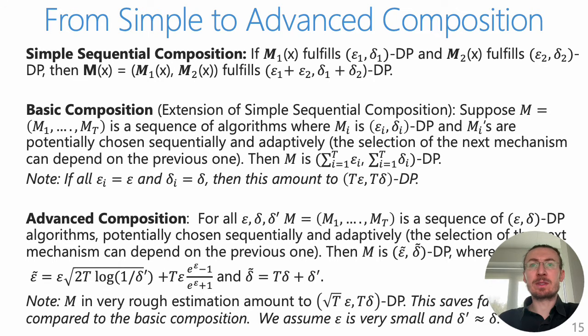So every one of these M's is an algorithm with epsilon delta guarantees, and again we choose these mechanisms in a sequential way, also adaptively. We can choose the next one based on the previous one.